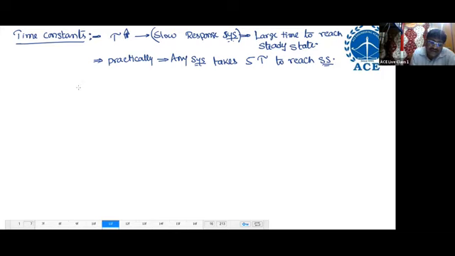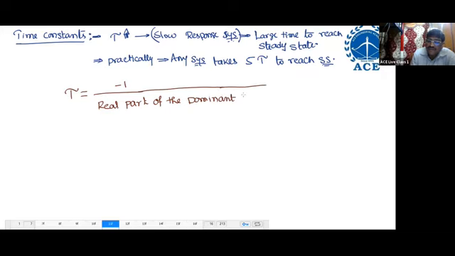What is the definition of time constant in terms of pole location? Tau equals minus 1 by the real part of the dominant pole.